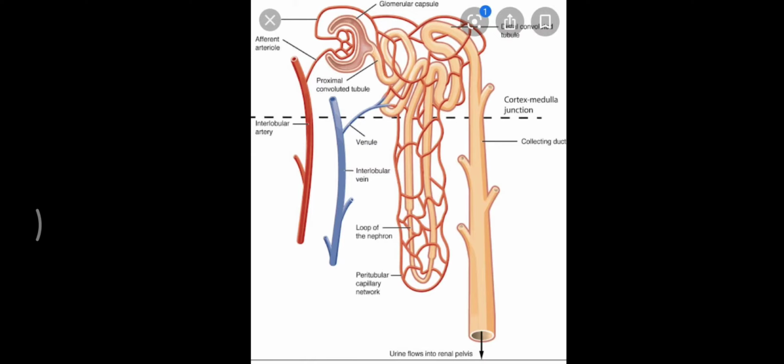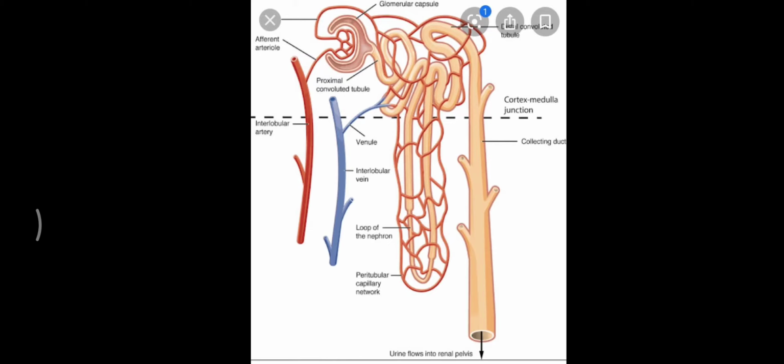You can see here the U-shaped or hairpin-like structure that is called Henle's loop. Henle's loop has a descending limb which is coming down and an ascending limb which is moving up. You can see here the yellow U-shaped structure labeled as the loop of the nephron or Henle's loop.